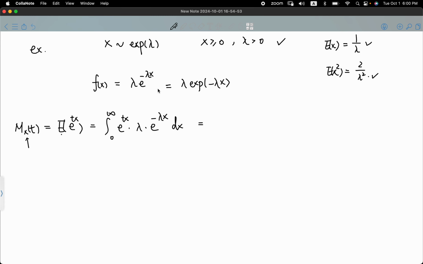So let's see. Maybe we can first group the two exponential terms together, resulting in lambda e exponential of, so again, e raised to the power of a multiplied by e raised to the power of b is equal to e raised to the power of a plus b.